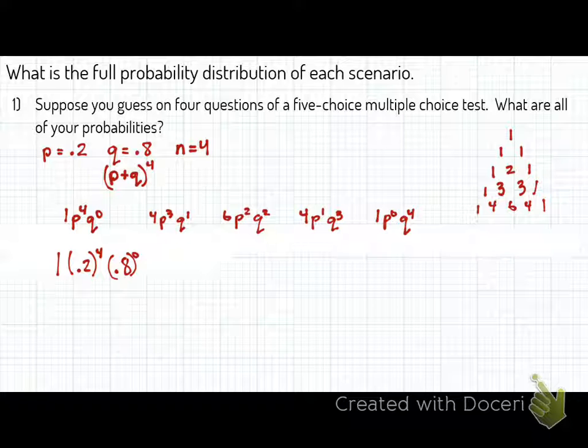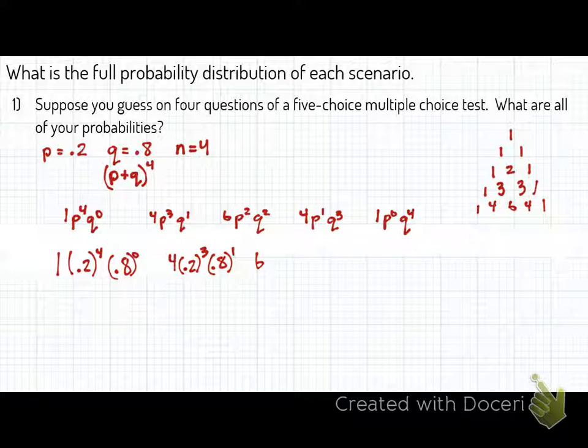Okay? Does that make sense so far? And we're going to do the next one. 4 times P, 0.2 to the 3rd, then we got 0.8 to the 1st. And then we got 6 times 0.2 to the 2nd, and then 0.8 to the 2nd.